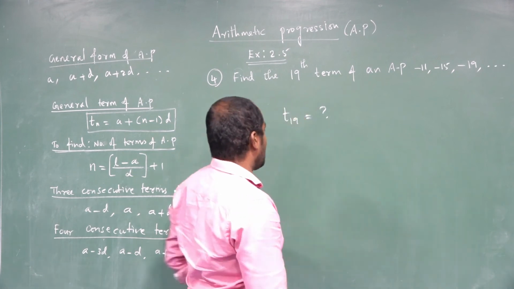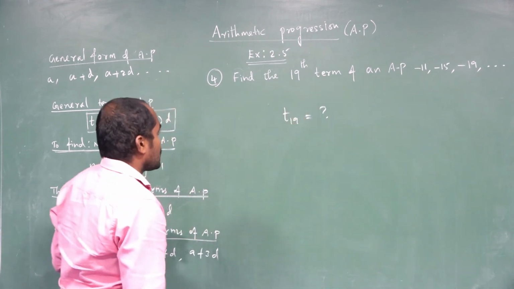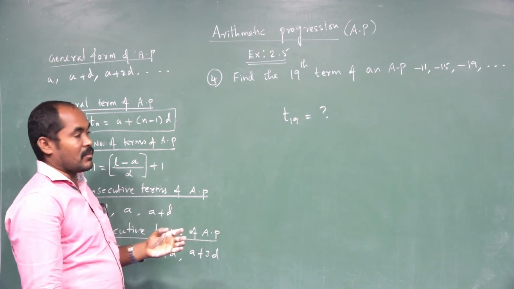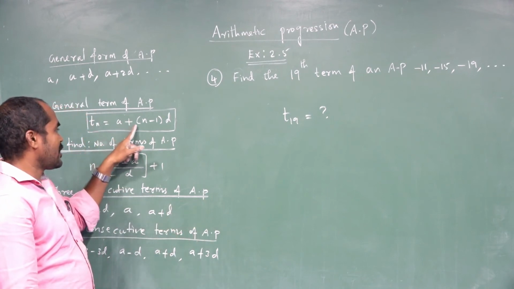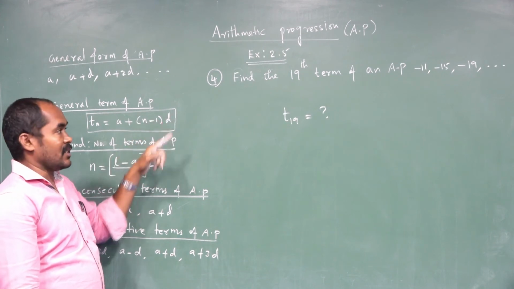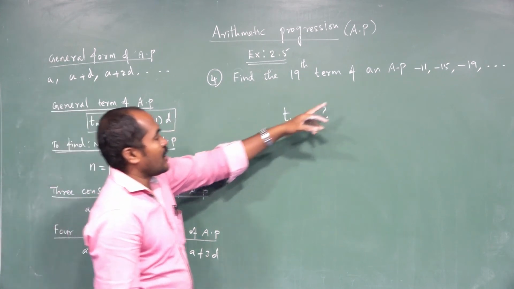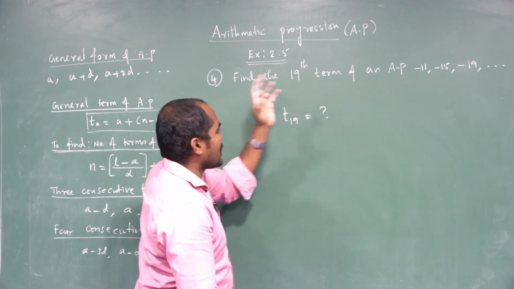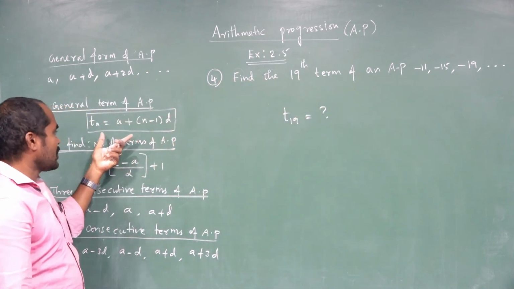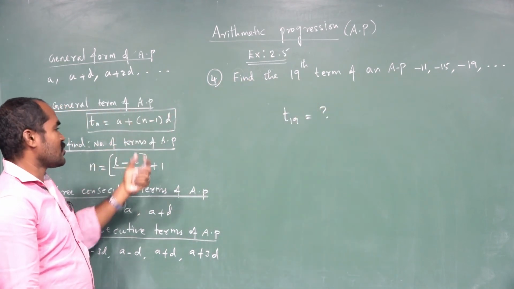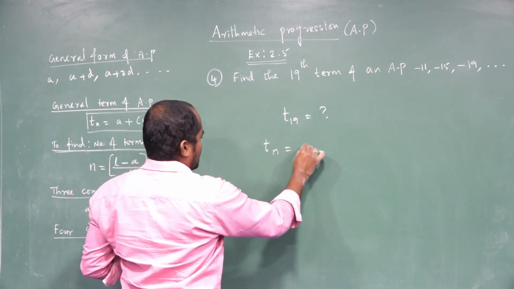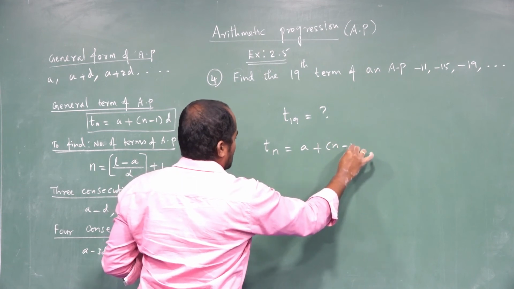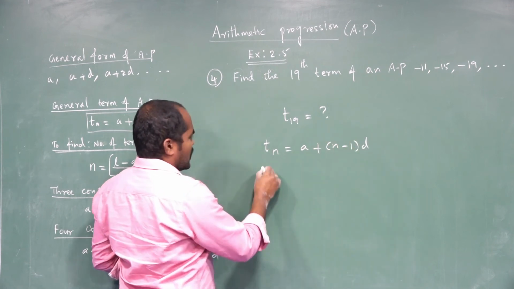So we use here the general term formula. You know the general term formula: Tn equal to A plus n minus 1 into D. Given an arithmetic progression, the general term is A plus n minus 1 into D. What about T19?